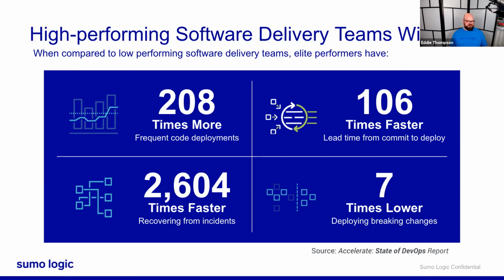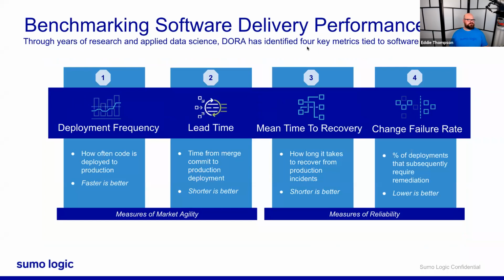They're much faster at recovering from incidents, and they deploy far fewer breaking changes. So these are measurable metrics, and things that are definitely worthwhile measuring within your organization and looking at how you can improve them.